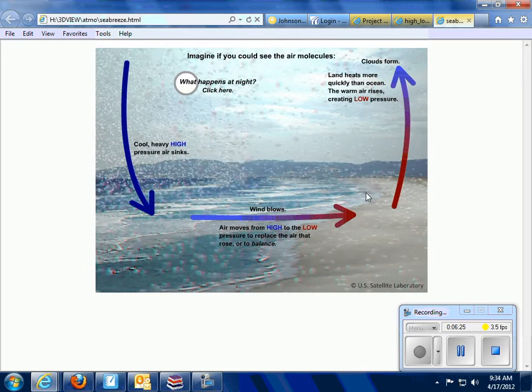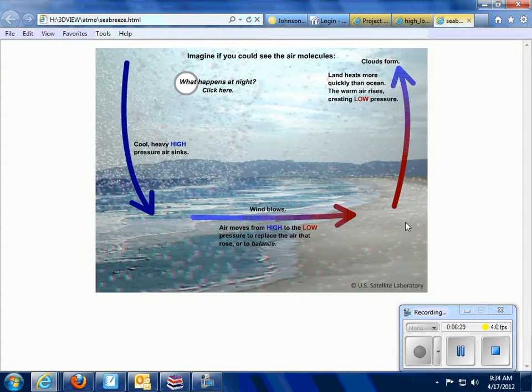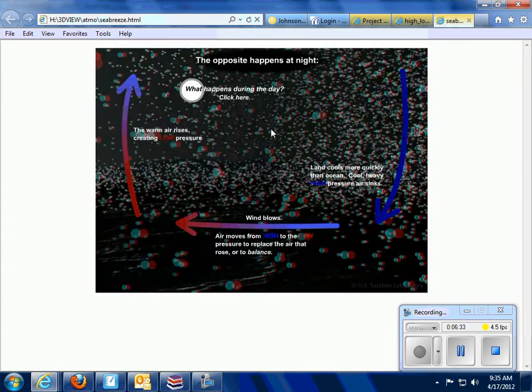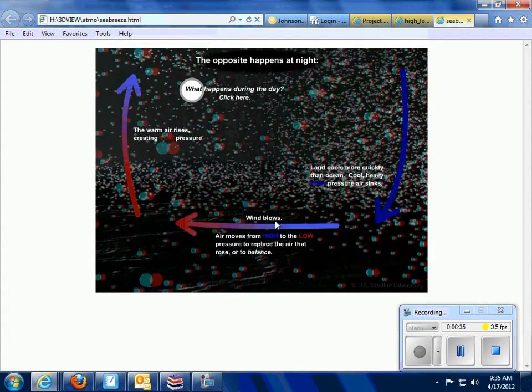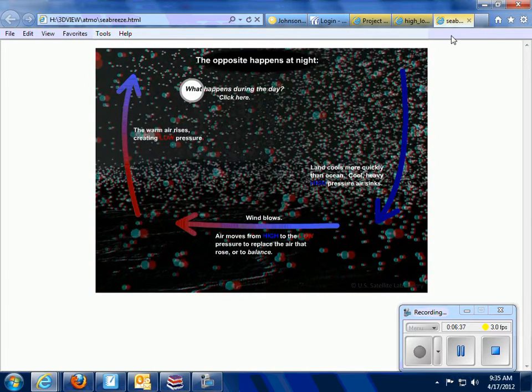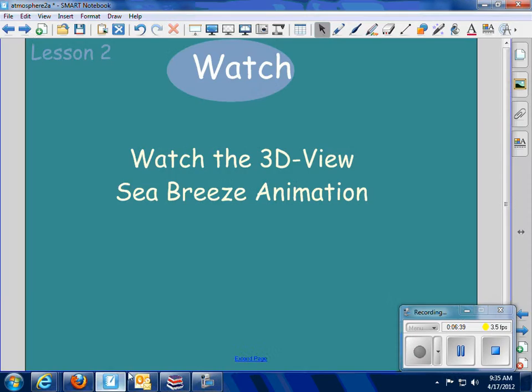That's why people go down to the beach during the summertime, because you usually have a cooler breeze coming in from the lake or the ocean during the day, and then at night you have a breeze blowing out into the water. So that's why we have sea breezes.